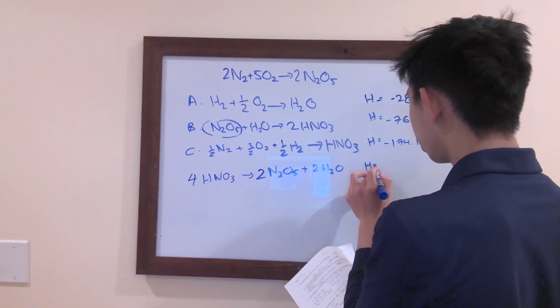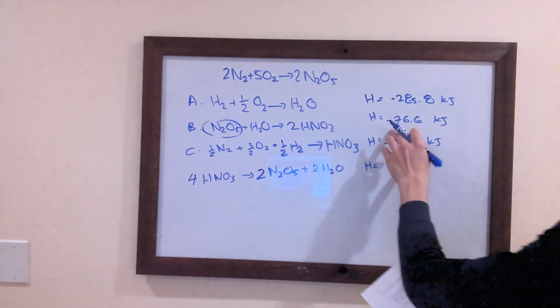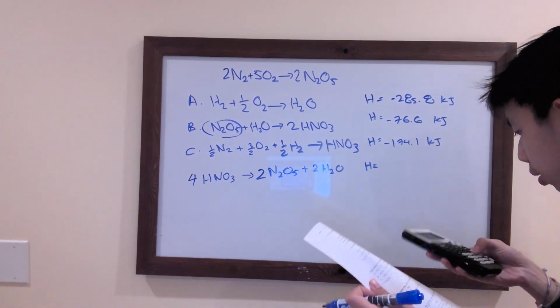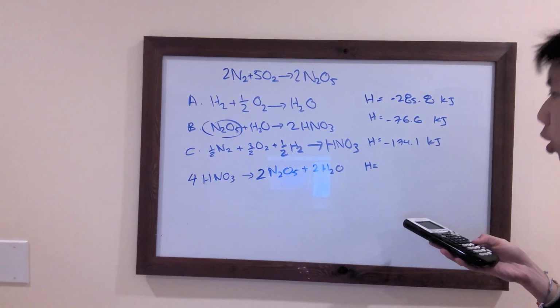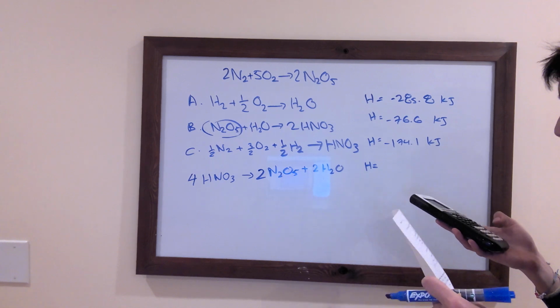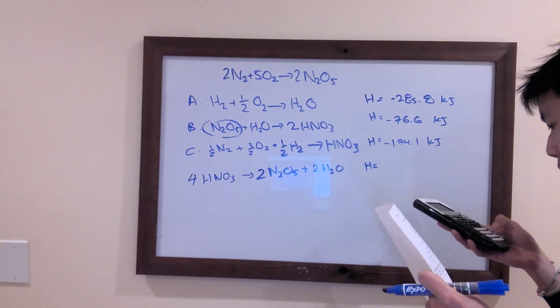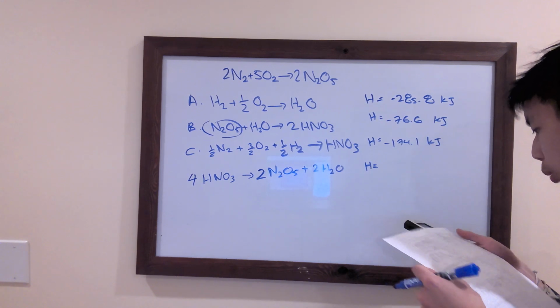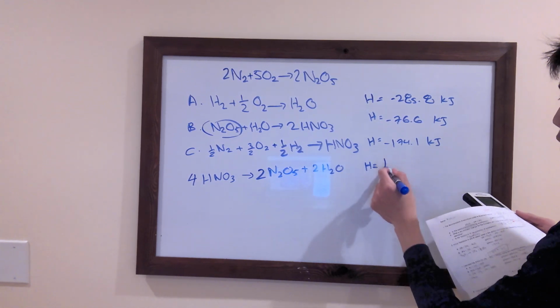The enthalpy change, right? We flipped it, so it's gonna be positive 76.6, and then we multiplied it by 2. Oh, wait, hold on, 76.6 times 2. So this is gonna give us 153.2.